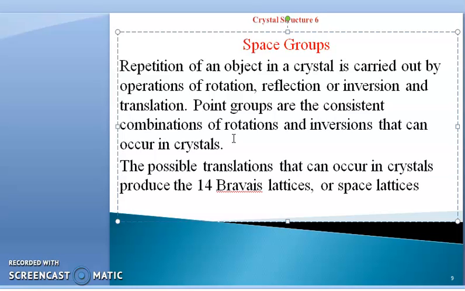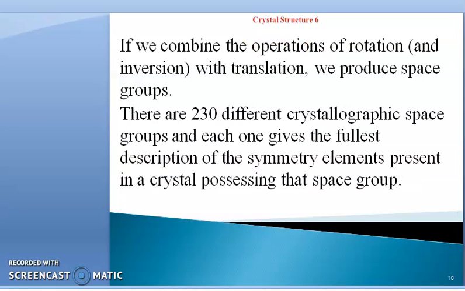The possible translations that can occur in crystals produce the 14 Bravais lattices, or space lattices. If we combine the operations of rotation and inversion with the translation, we produce space groups.